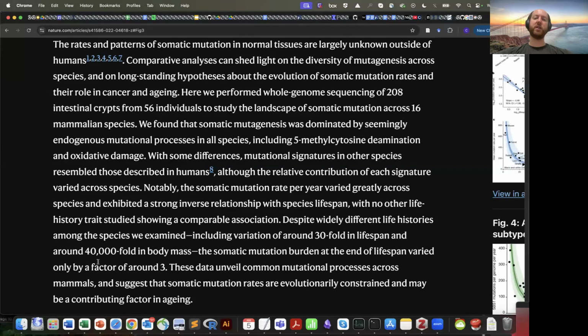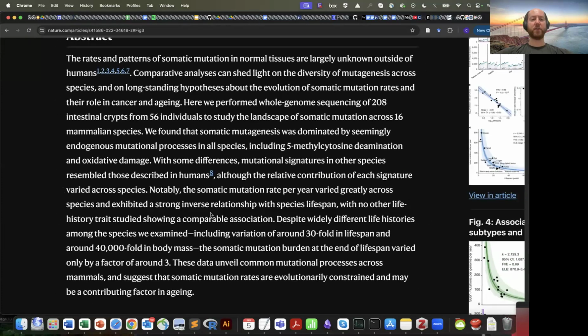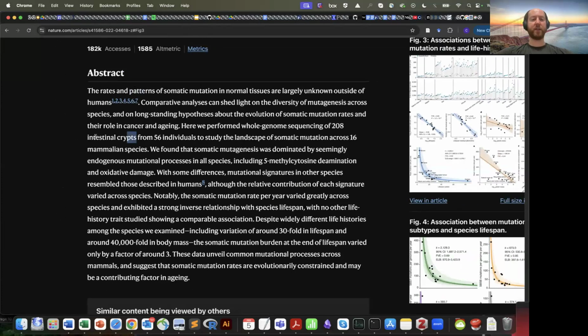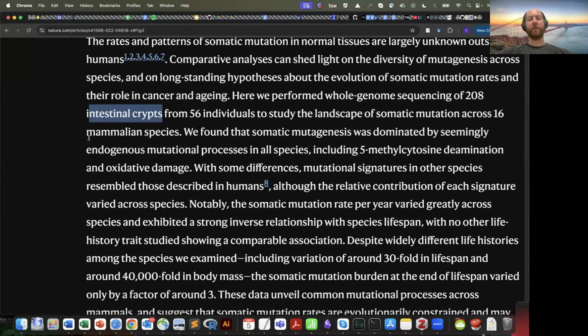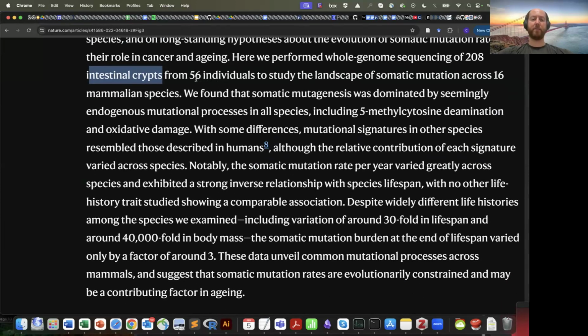So what they did in this particular study, and this is what's interesting, is they looked at intestinal crypts. They took samples from the gut of different mammals, and there are some very specific cells with a very specific rate of division. So they're maybe a better gauge of the clock of mutation rates than, for example, a cell which has been exposed to sunlight, such as a skin cell.